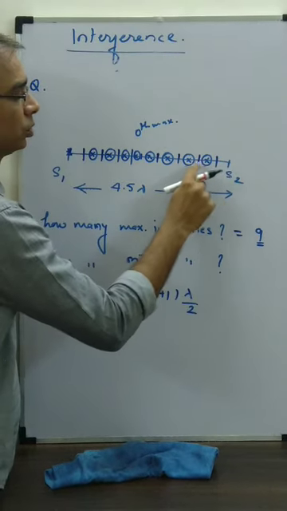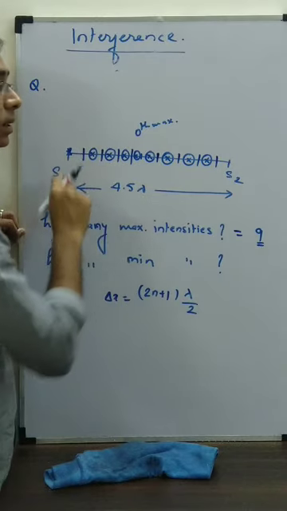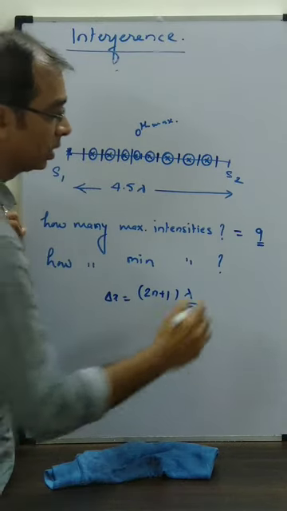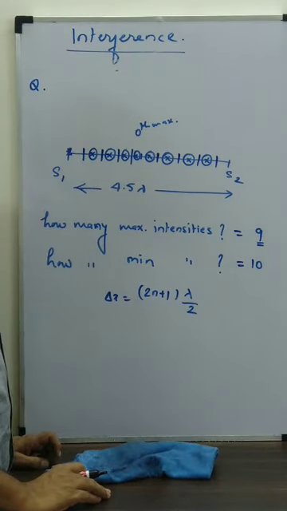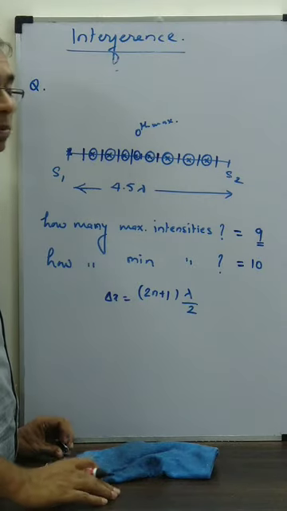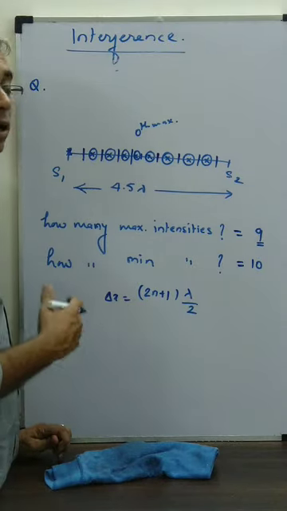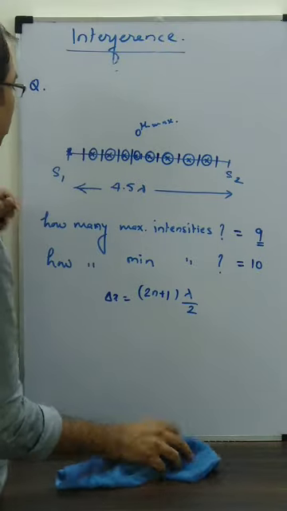So 1, 2, 3, 4, 5, 6, 7, 8, 9, 10. How many minimas are there? 10 minimas are there. Are you able to understand? So this way we can find out how many maximas and how many minimas are possible. Okay, let's see a few more questions.